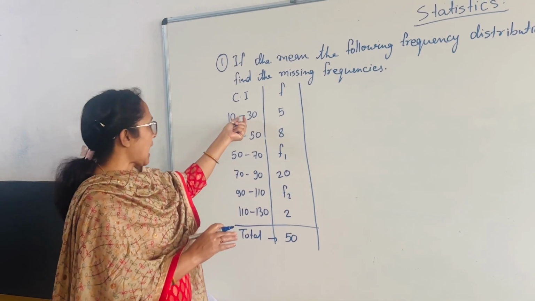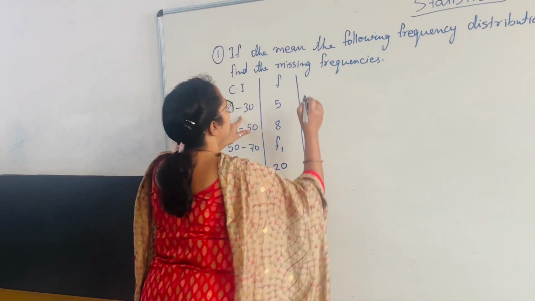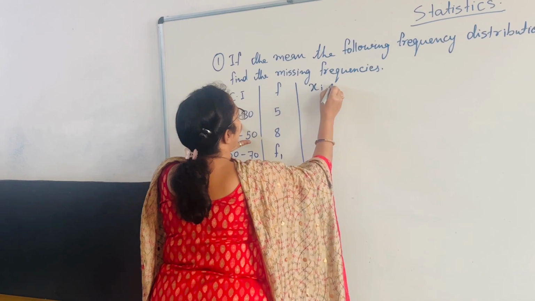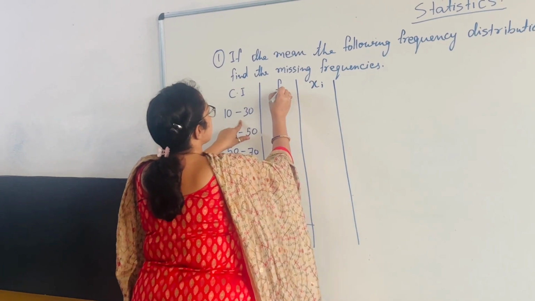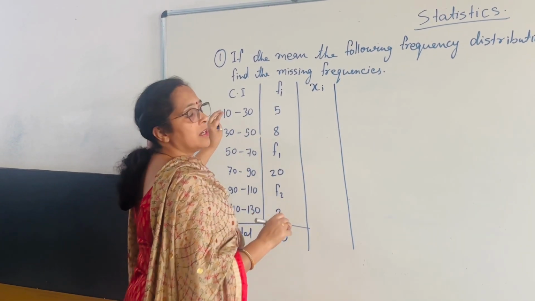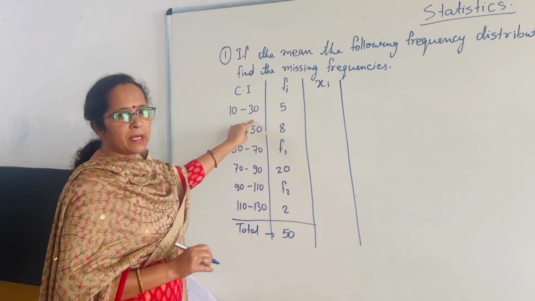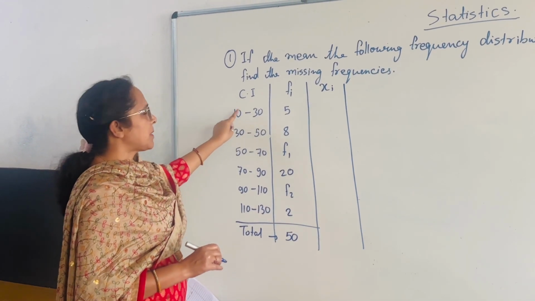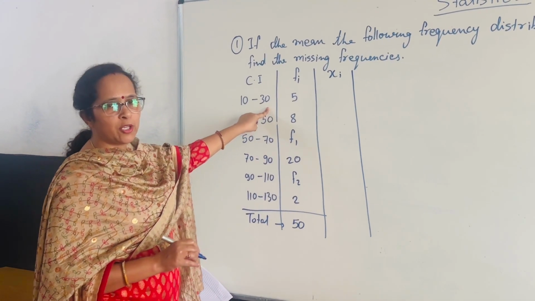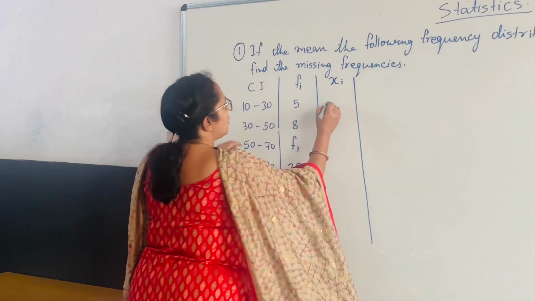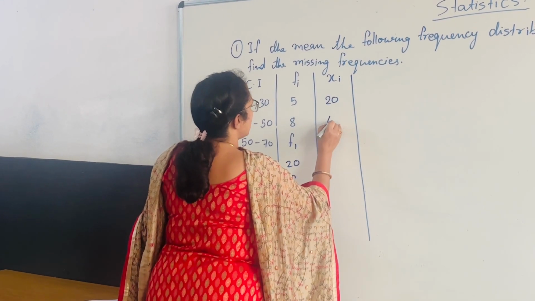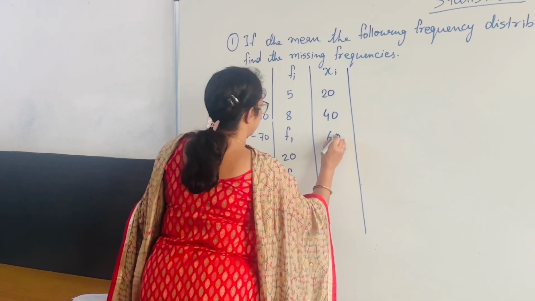First we find the class mark, which will be denoted by xi. The class mark is the upper limit plus lower limit divided by 2. So 10 plus 30, 40, divided by 2 will be 20. By this method, I am writing all the class marks here.